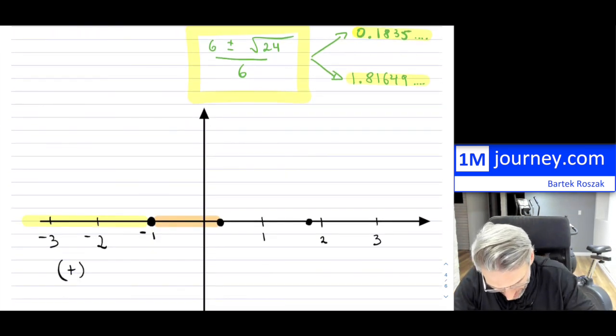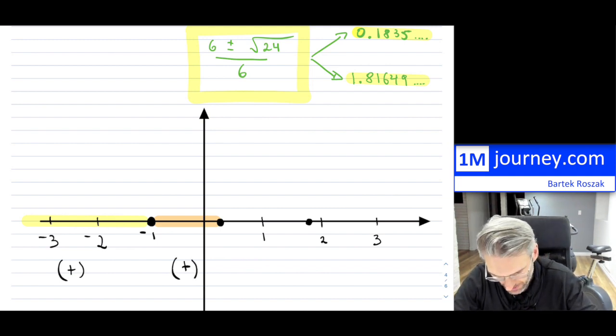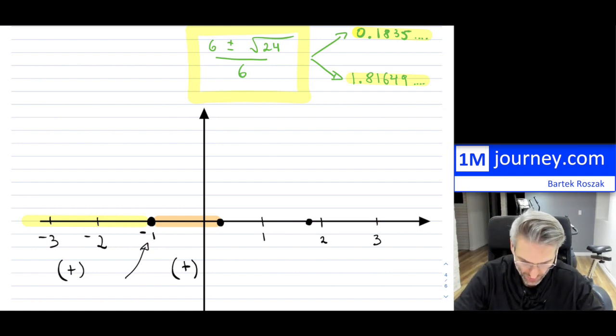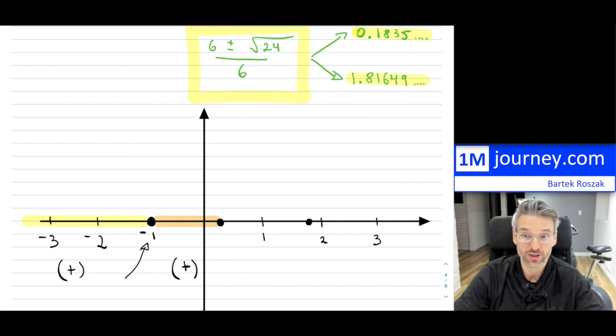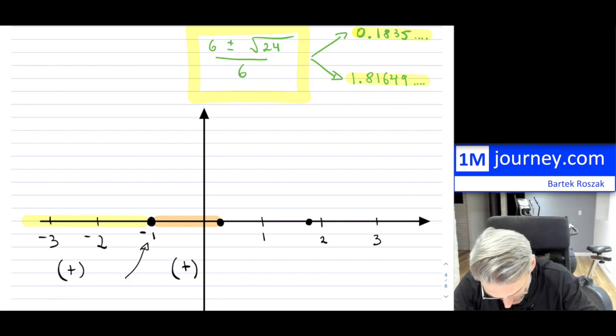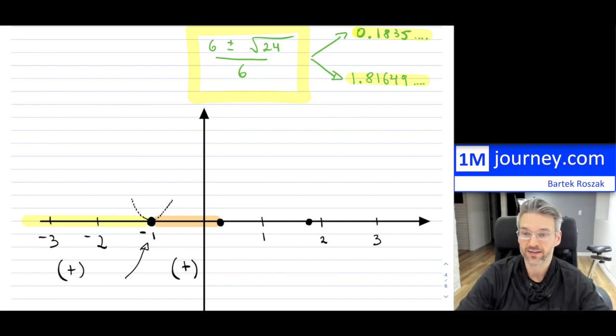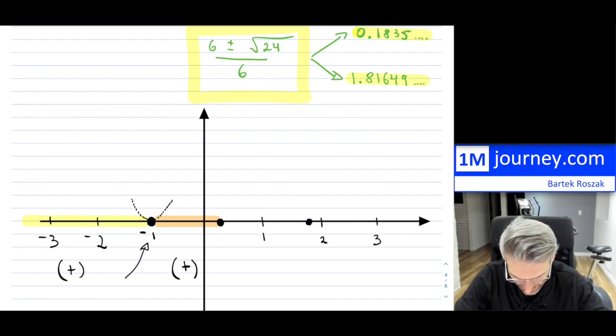So all the way on this side, it's also positive, which tells me that this point right there, although that shouldn't surprise us because it's x plus 1 squared, is going to look very much like a quadratic near that point. So it's going to look like this. Notice the function is going to be positive on both sides. Now we'll come back to this and check it with some other tests.